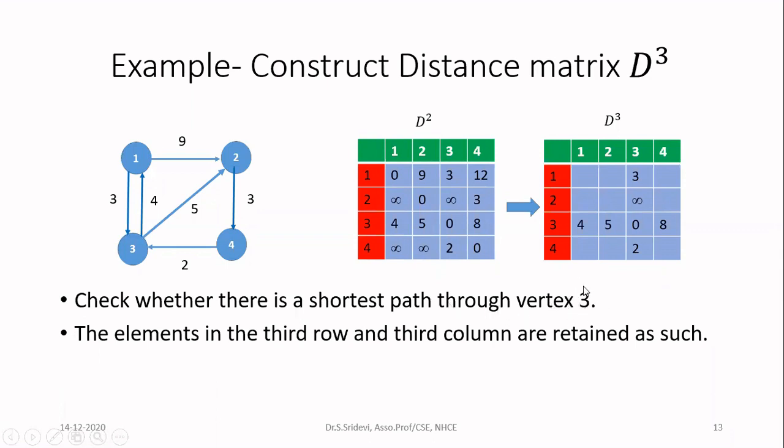Then for this, we need to retain the elements in the third row and third column as such. So whatever is your D2 matrix, you have to retain the third row and third column as such for the construction of D3. The remaining 9 cells you have to compute. So let us go and compute the value for the remaining 9 cells.